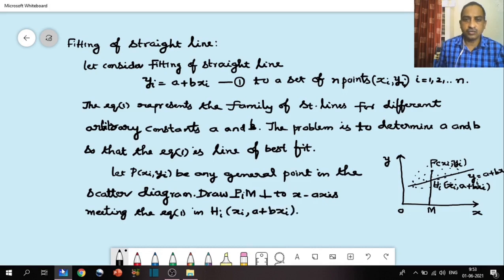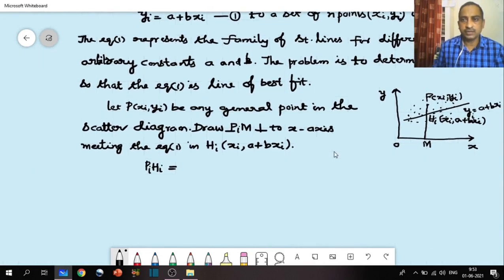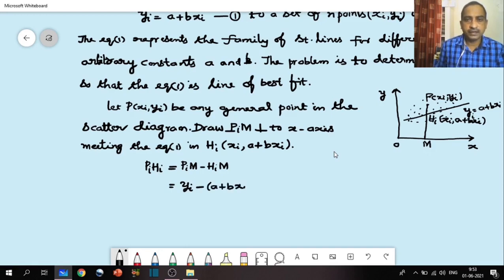So now P_i H_i is nothing but the error or the residual, what we call residual. P_i H_i is nothing but P_i M minus H_i M. Am I correct? P_i M is nothing but y_i minus H_i M, the ordinate, that is a plus b x_i.